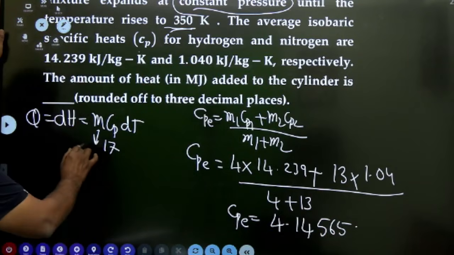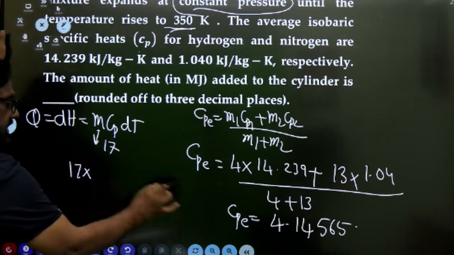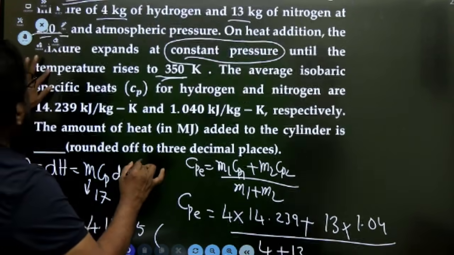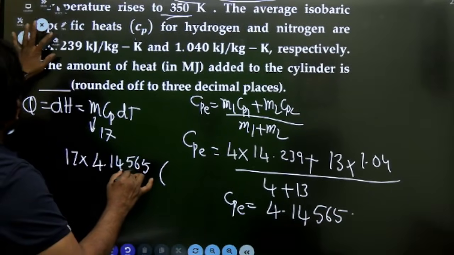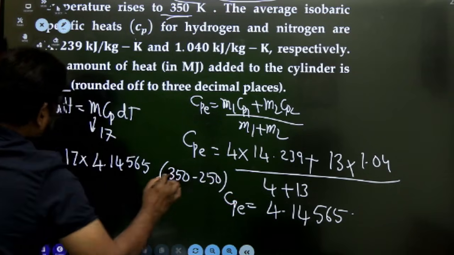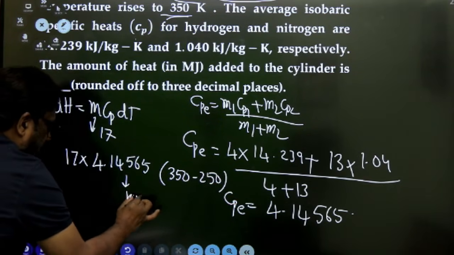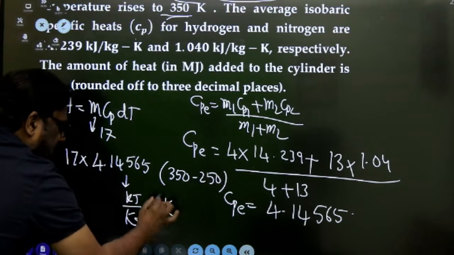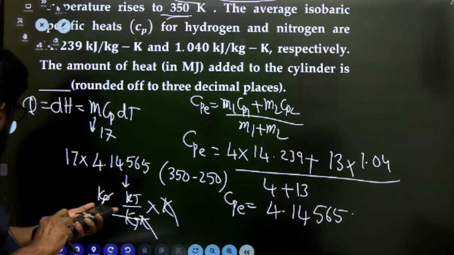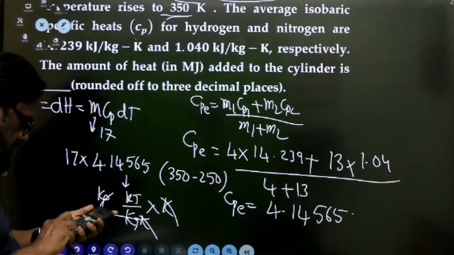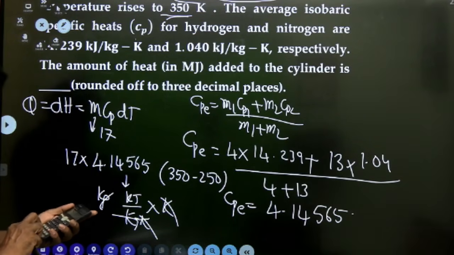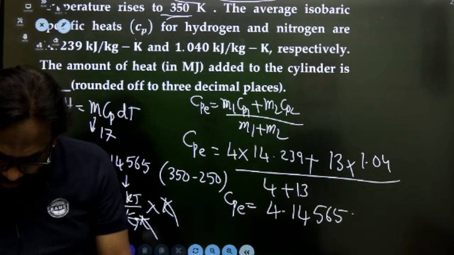Now let us calculate the heat transfer. m is 17 kg, the equivalent specific heat is 4.14565, and the temperature difference is 350 minus 250, that is 100. Whenever it is a temperature difference, Kelvin or degree Celsius makes no difference. Specific heat is in kilojoule per kg per Kelvin and mass in kg, so the answer will be in kilojoule. 100 into 4.14565 into 17 gives about 7047.